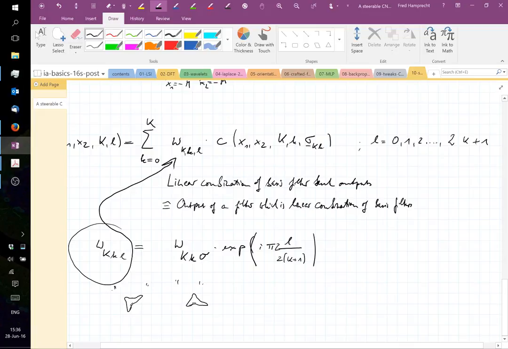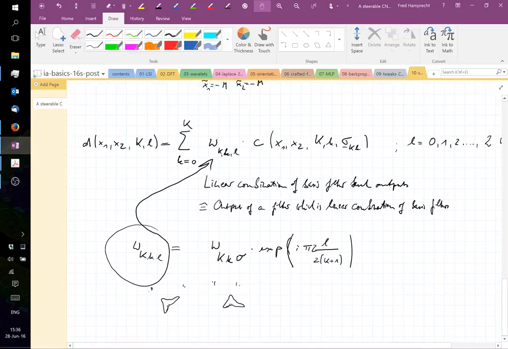Would you be happy with that? Okay. And then we can cancel the 2. Thank you. So the different L's are different steering angles we then get.